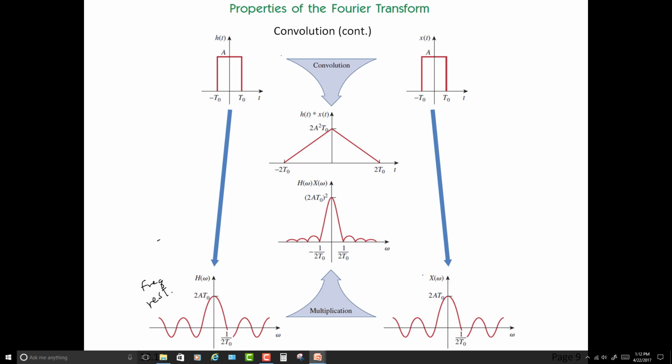All right, and so the magnitude is twice a t0 squared, so we have a bigger magnitude, a rapid drop off, and the null point is 1 over 2t0. Okay, just by multiplying these two.